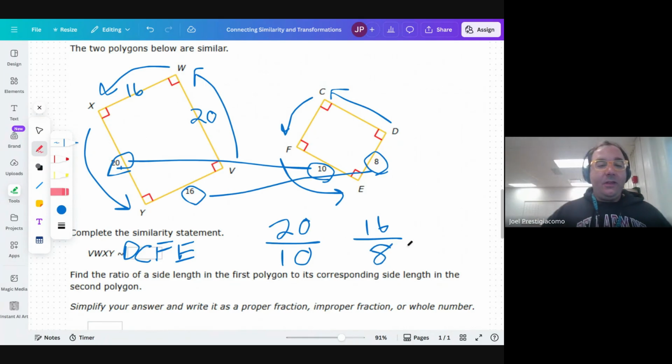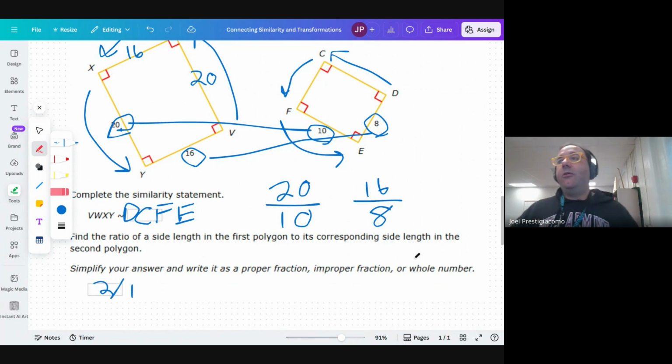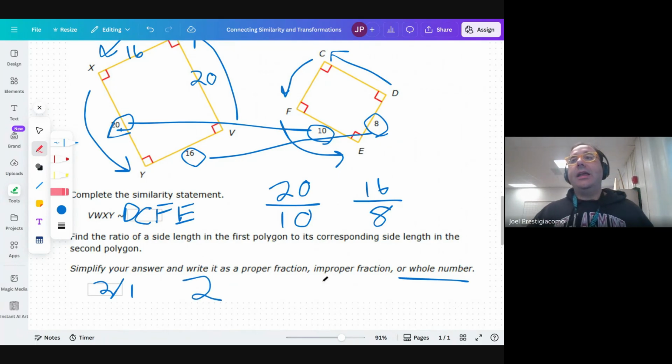Both of these fractions can be reduced to 2 to 1. You could just write 2, and that would also be fine. As a whole number, this wouldn't be a proper fraction, so we would write it as just the number 2. So just be careful there. It could be a fraction, and if it can be reduced, we should reduce it.